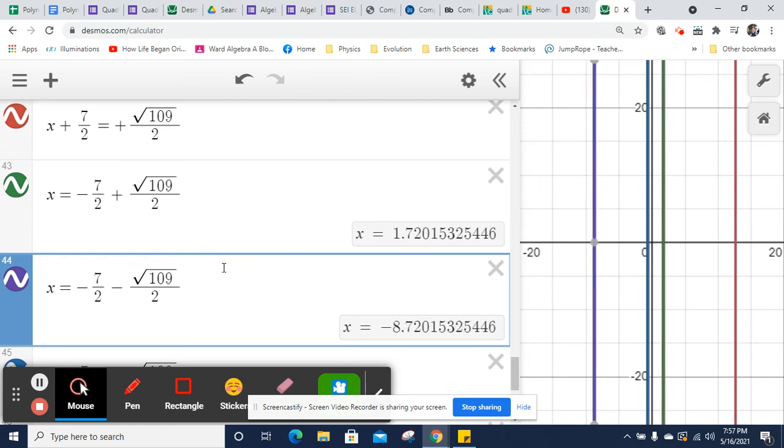So those are my two solutions. I can simplify it just a little bit more. And here's how I'll do this. Since they have the same denominator, what I can do is I can just make it 7 minus here. And that's a negative 7 there.